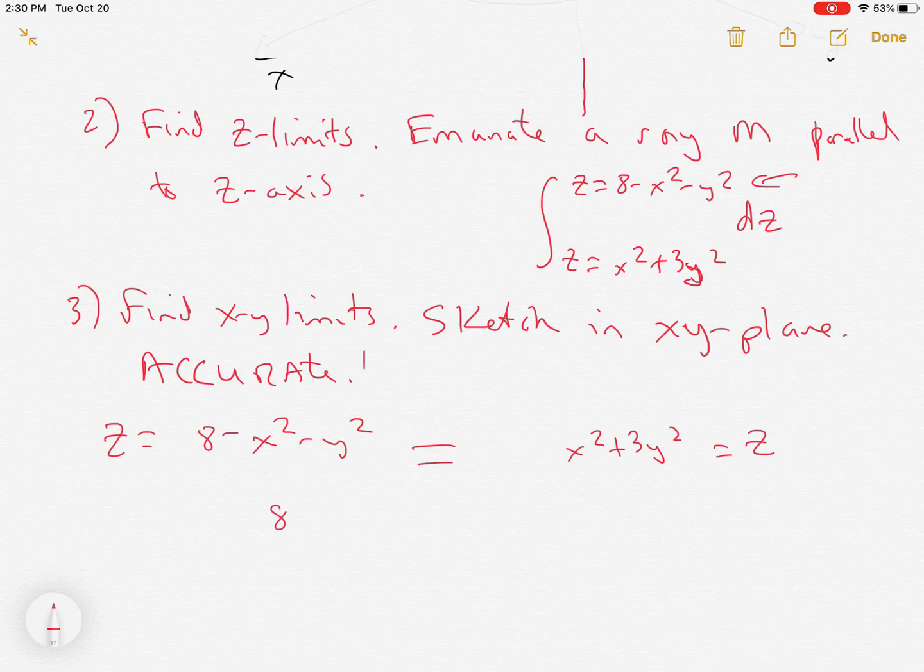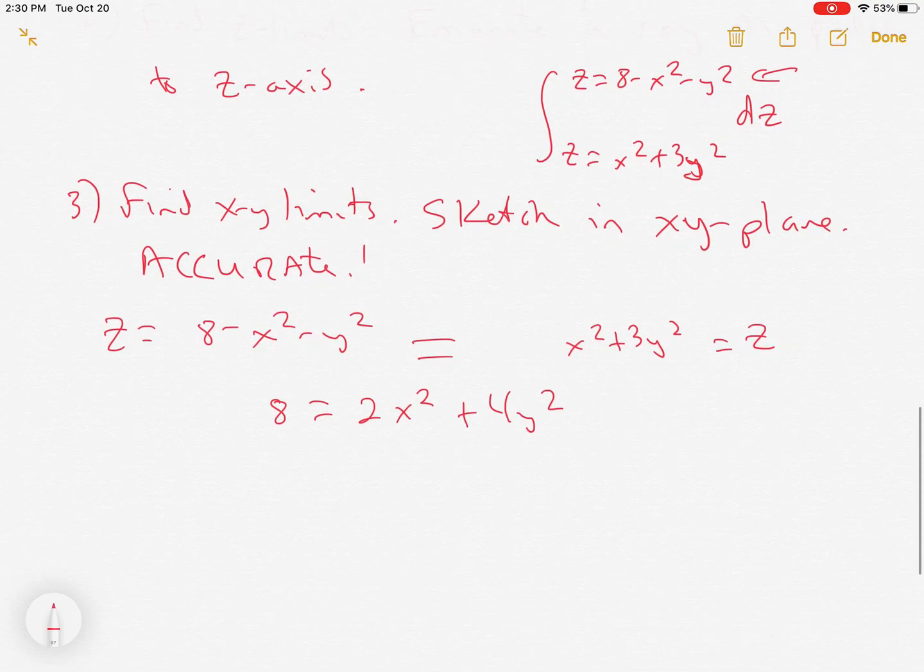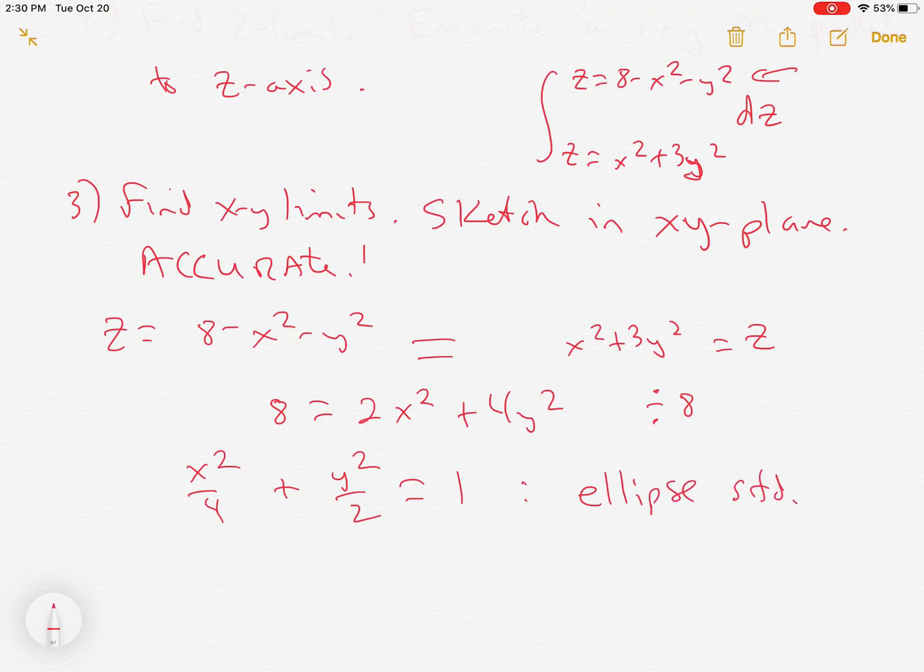We get 8 equals 2x squared plus 4y squared. Right? Divide by 8, because this is an ellipse. So we have x squared over 4 plus y squared over 2 equals 1. So this is the standard form of an ellipse.